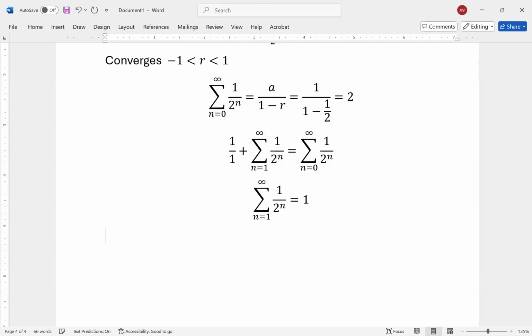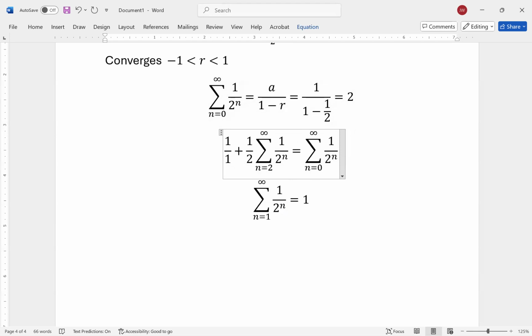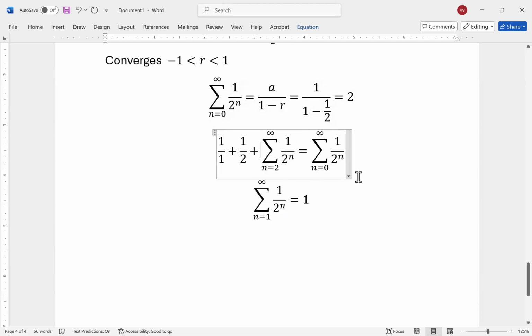Now, if I want to start my count at 2, then I'm going to take the first term, the one where I plug in n equals 0, and then the term when I plug in n equals 1. If I plug in n equals 1, I get 1/2.